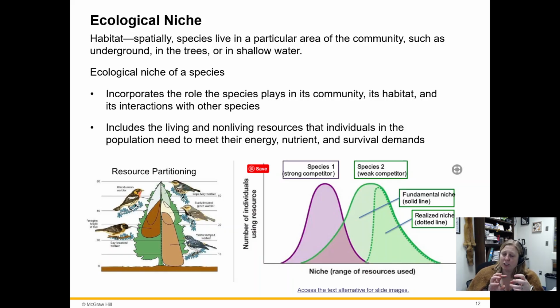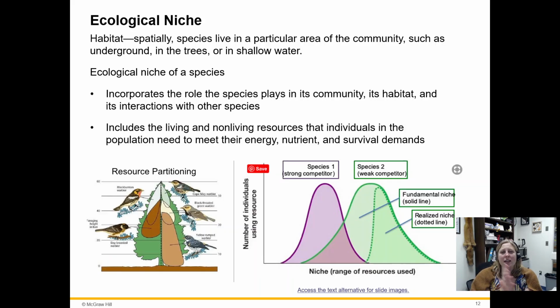There's competition, and in order to avoid competition, these birds just utilize different parts of that tree. So our paramecium couldn't do that, right? The paramecium are growing in a lab, in the same environment, so there's going to be competition for food sources. If I were to put those paramecium into pond water, I might not find them overlapping their range.